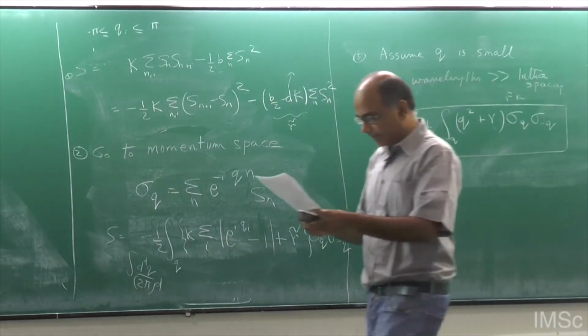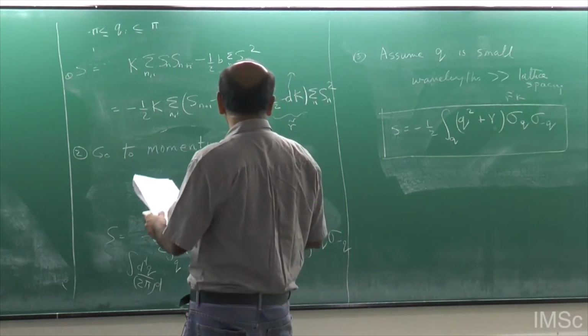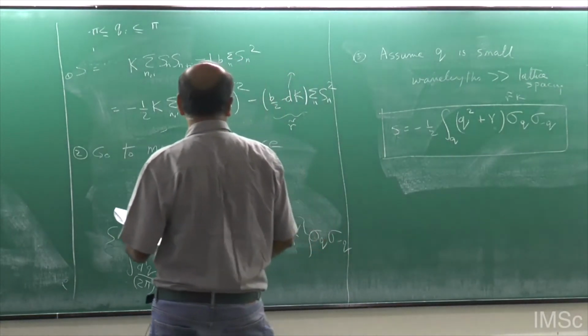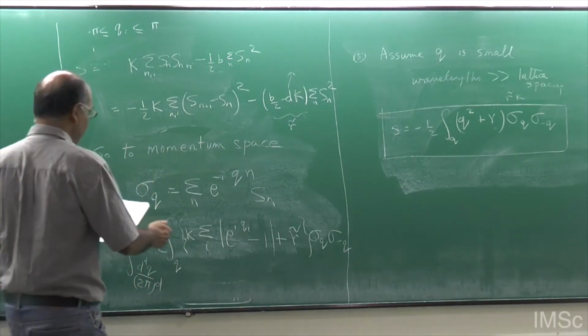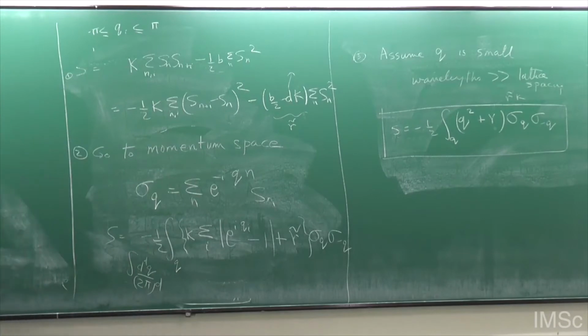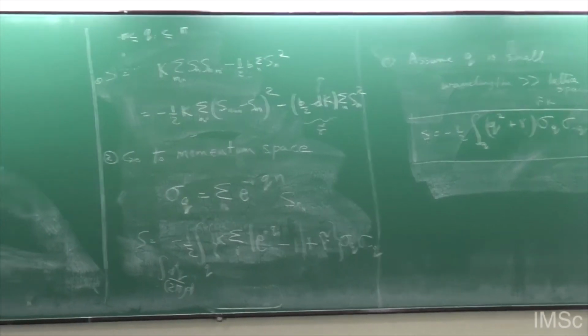The precise value of R is R tilde by K. Oh wait, this should have been R. Well, okay, I'll write down the precise units later on.